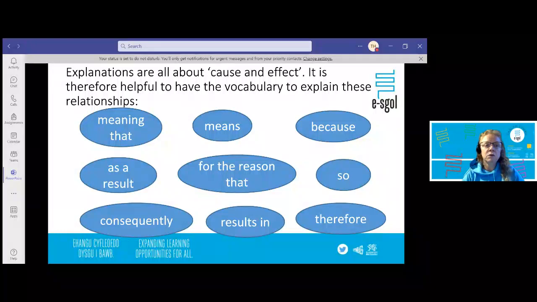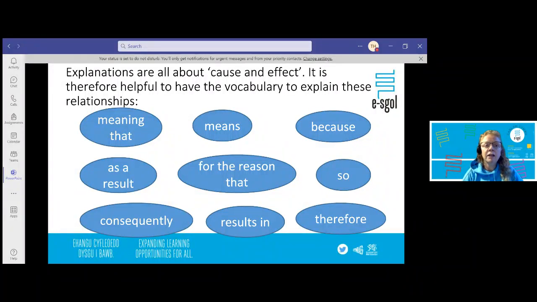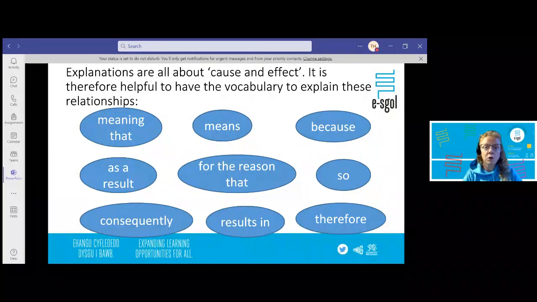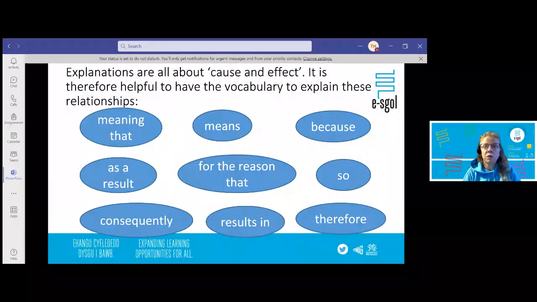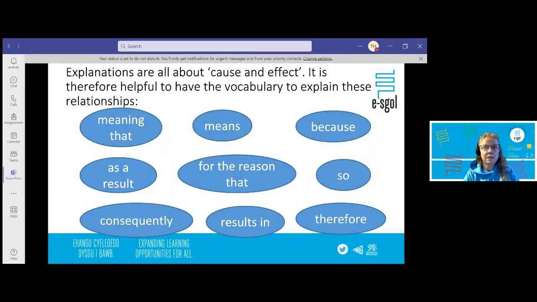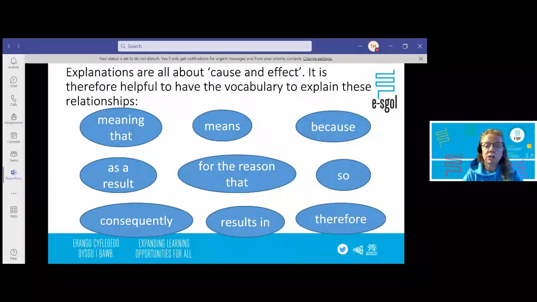I've also got these which are also for cause and effect, and it's really useful to have some of these to explain the relationships between them. And obviously, if you're struggling with the cause and effect questions, go back and recap the explanation questions that we went over. Both myself and Miss Davis will have gone over those explanation questions for you.